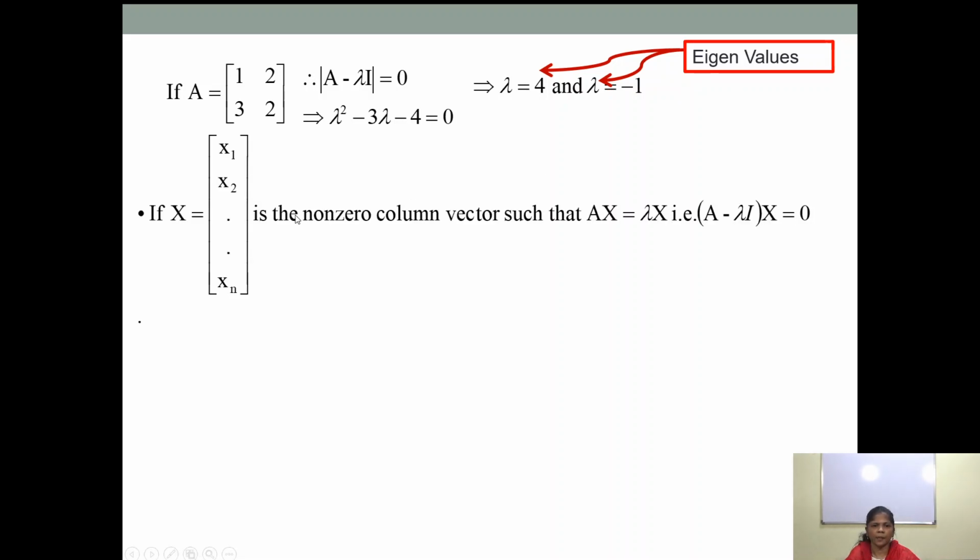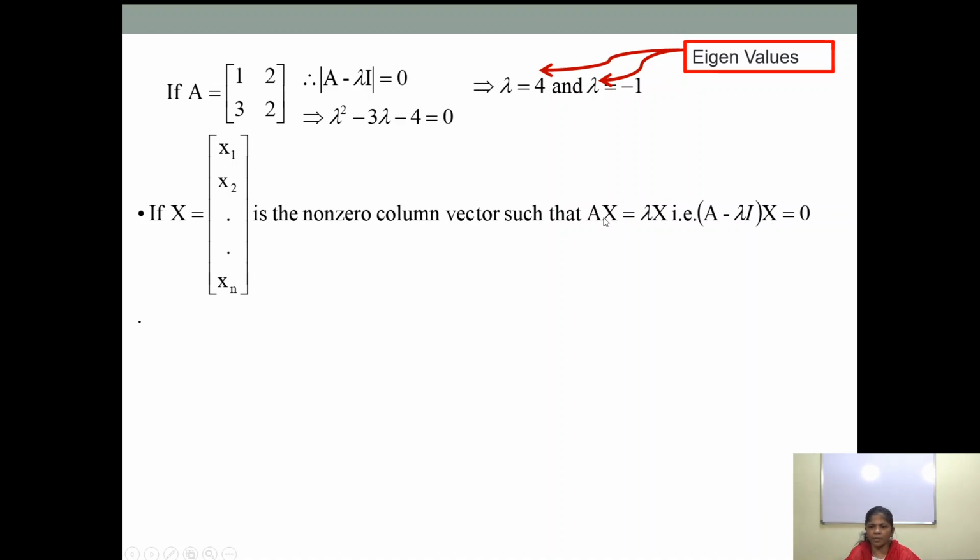Next we will see what is meant by eigenvector. Suppose we have a non-zero column vector x which satisfies the equation Ax equal to lambda x, that is, A minus lambda I times x equals 0. Taking everything on the left-hand side, x is common.